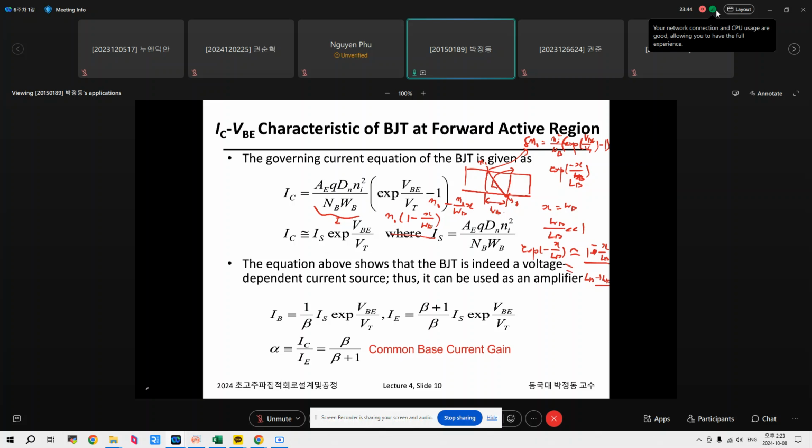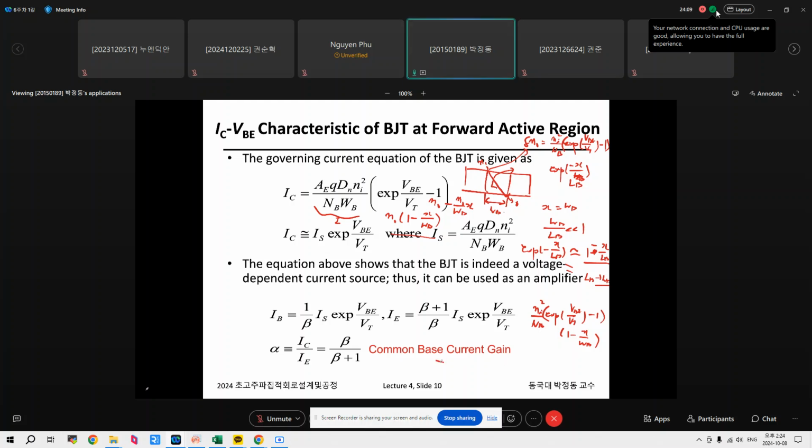Anyway, therefore you can model like this way: MB, NI scale, and exponential over VT, VBE minus 1, and 1 minus X over WB, okay?